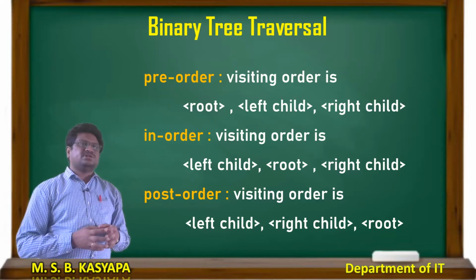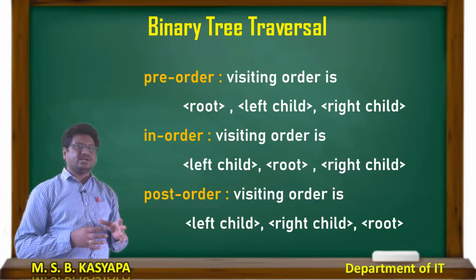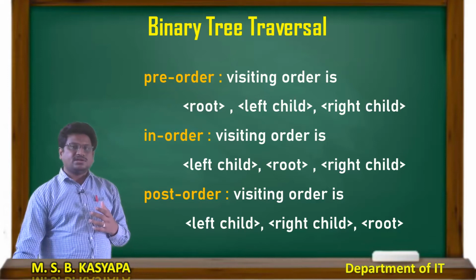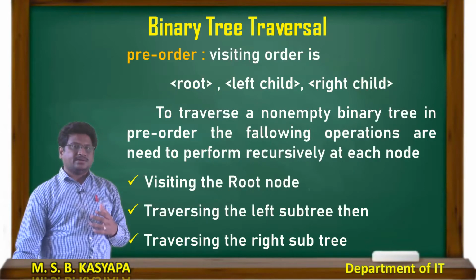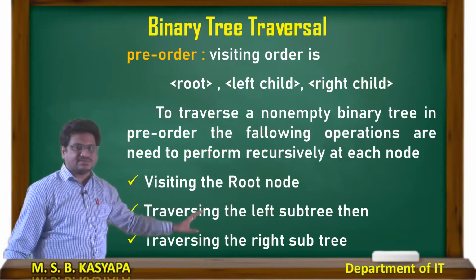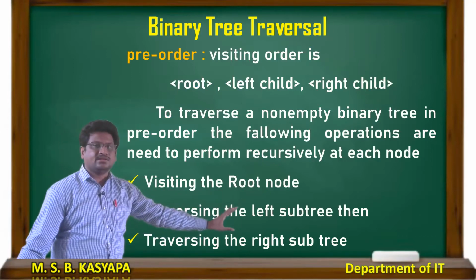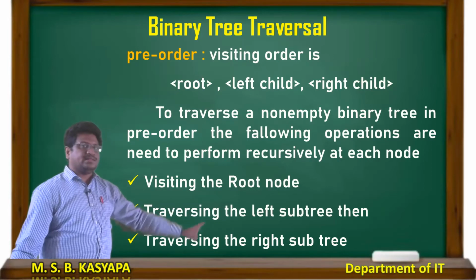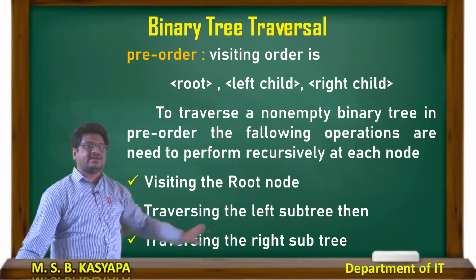In the previous videos we discussed how to do pre-order and in-order. If it is pre-order, first I visit the root node, then the complete left subtree, and then the right subtree.